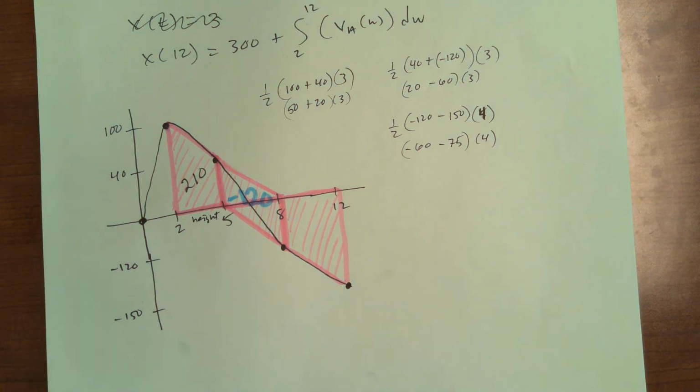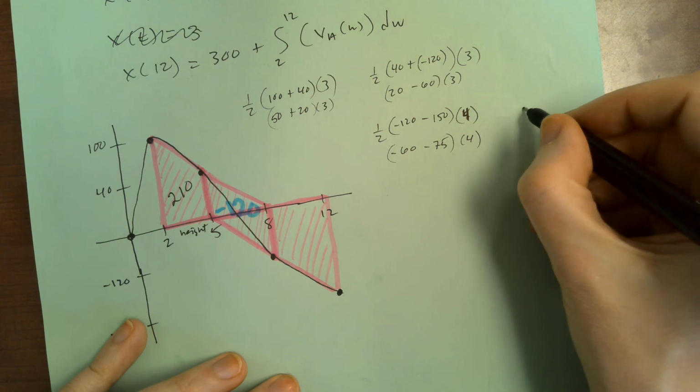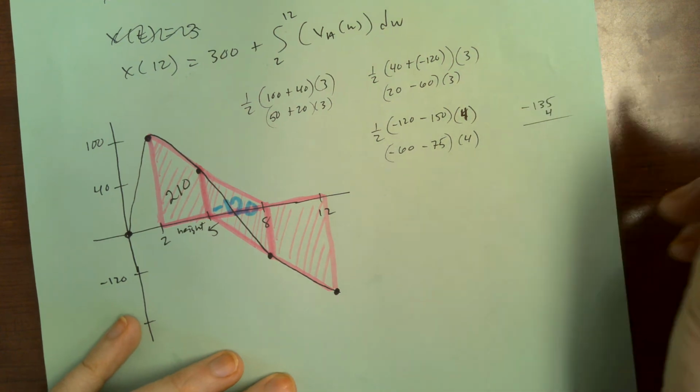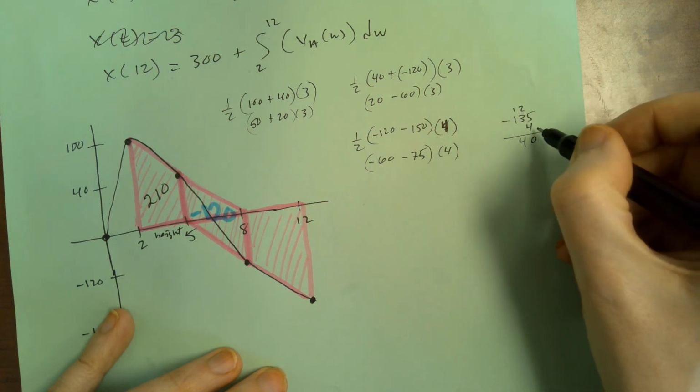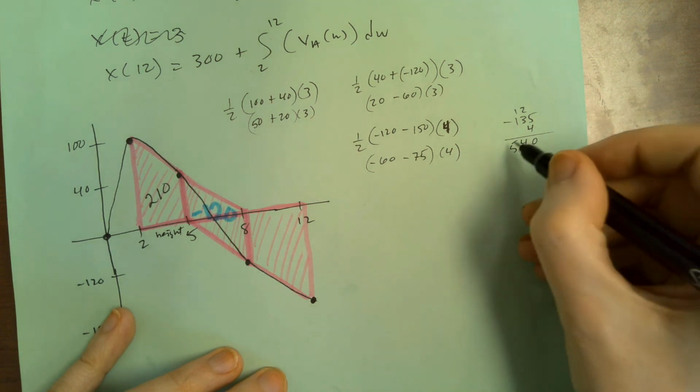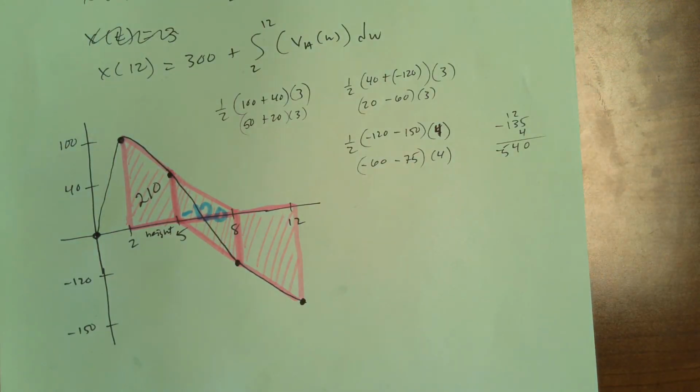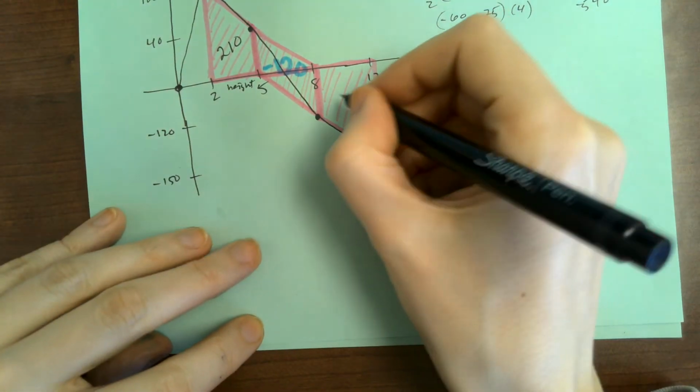I already did that, actually. What did I get? I got negative 135 times 4. Negative 135 times 4. So negative 540. Is that what I got before? I did. Okay, so that's negative 540.